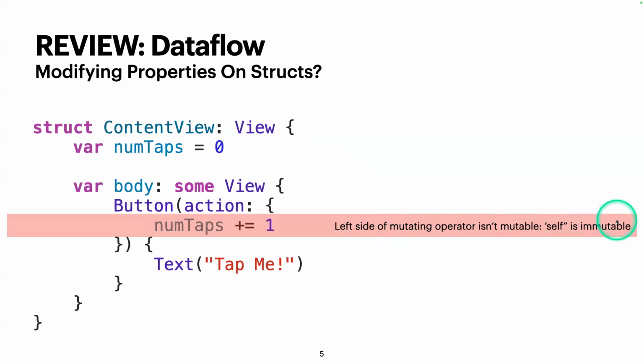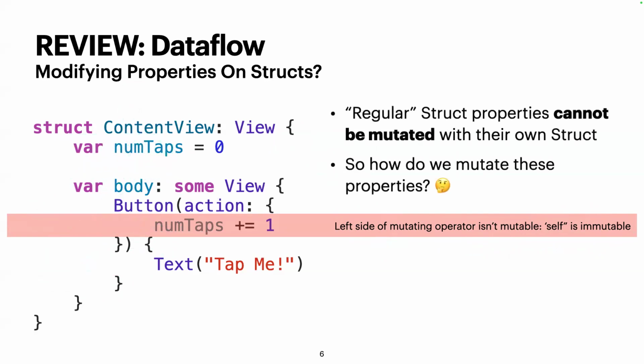The reason for this is that it's not able to differentiate whether the variable that's declaring this content view is a var or a let. So you cannot mutate any properties within a struct by default. Regular struct properties cannot be mutated within our own structs.